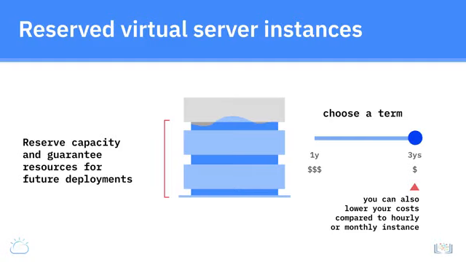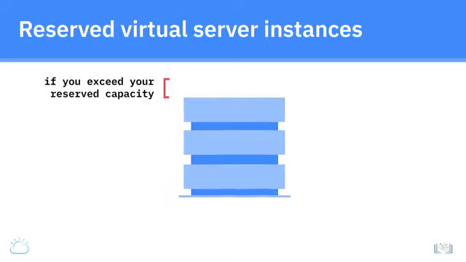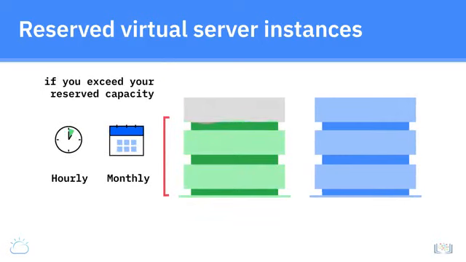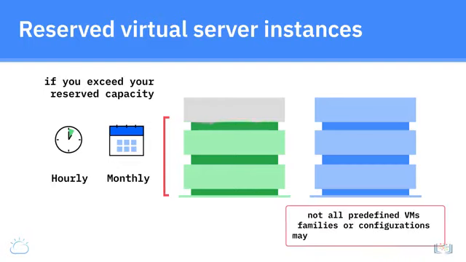This can be useful when you know you require at least a certain level of cloud capacity for a specific duration. If you exceed your reserved capacity, you can always choose to supplement your unplanned usage and capacity requirements with hourly or monthly VMs. Note, however, that not all predefined VM families or configurations may be available as reserved.